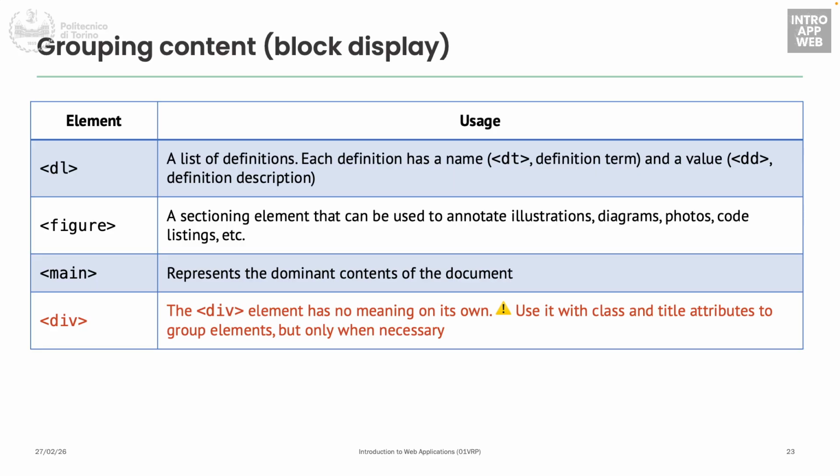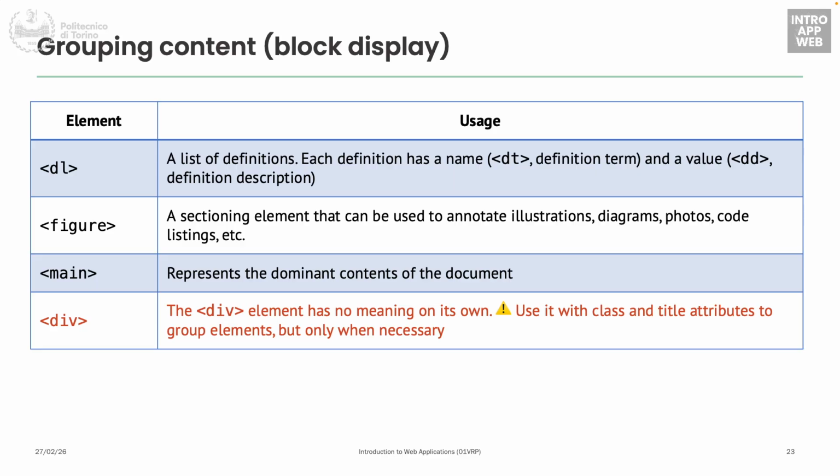Okay. Finally, maybe last time I didn't talk too much about div. What is the div? It's like a generic container, okay? So it's a super generic container in which we can put elements within. We can use it whenever we want.